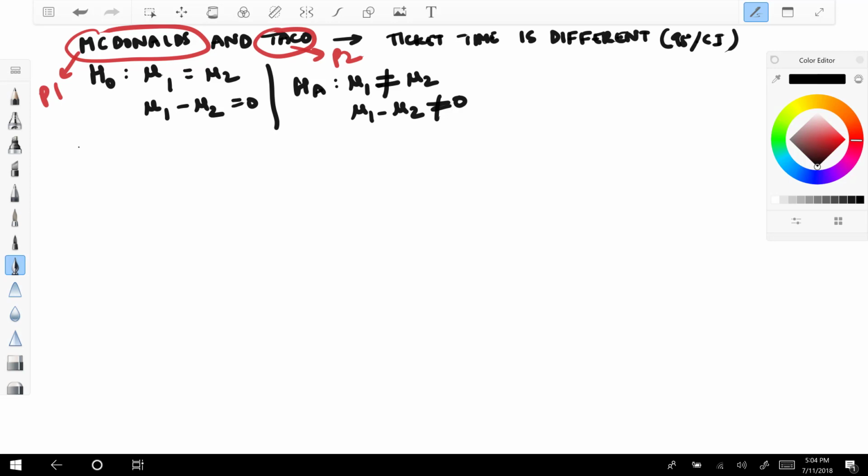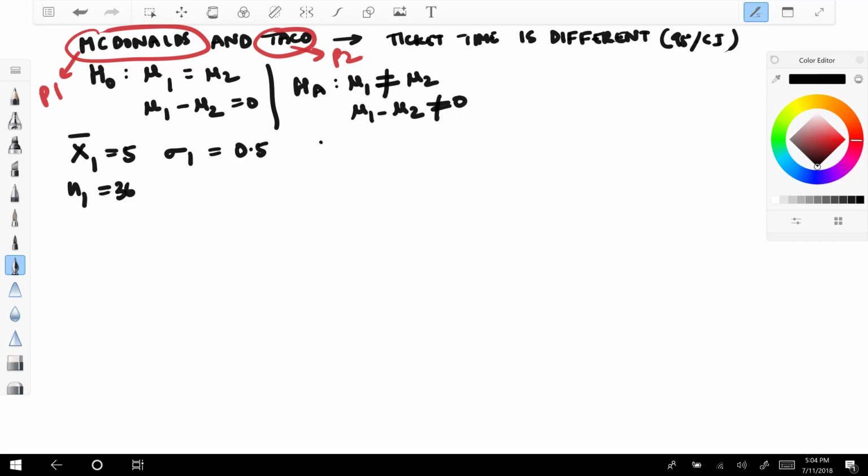Our sample for McDonald's is represented by sample 1, and suppose the mean of sample 1, which is McDonald's x1 bar, I get the ticket time of 5 minutes with the standard deviation sigma 1, which is known. This population standard deviation is given by 0.5, and the sample size n1 is 36. So we took 36 data points, and our average ticket time for McDonald's was 5 minutes with known population standard deviation 0.5.